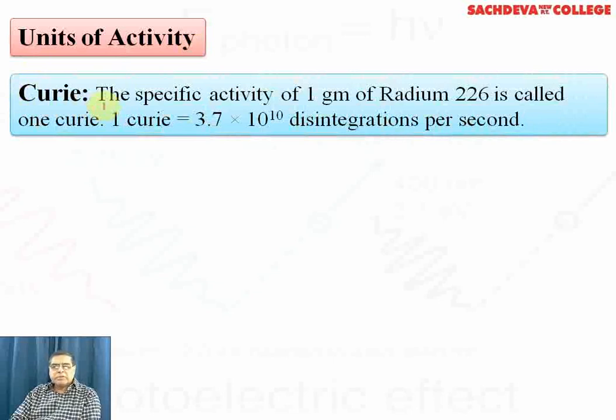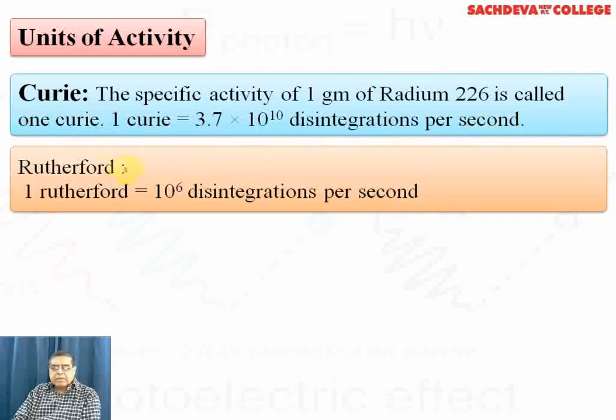So the definition is already given, that is 1 gram of radium-226 is called 1 Curie, and 1 Curie is 3.7 times 10 to the power 10 disintegrations per second. The other unit is Rutherford, that is 1 Rutherford is 10 to the power 6 disintegrations per second.